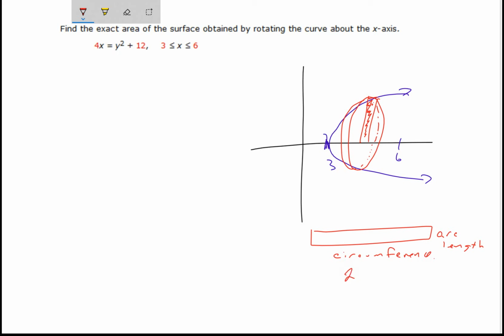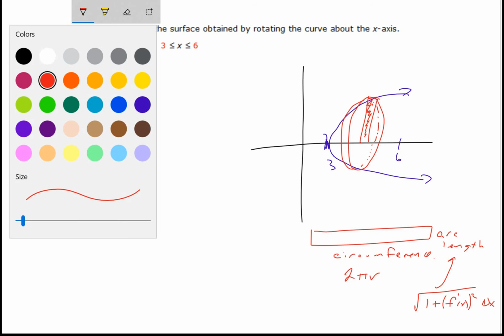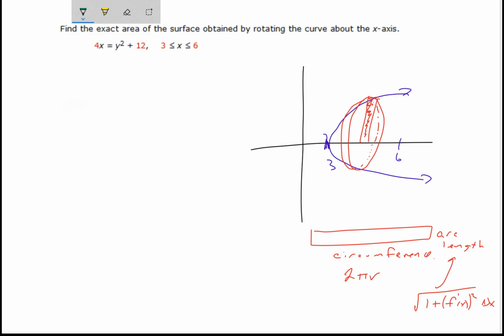Okay, so remember that's 2 pi r. And then the arc length, we already know the formula for that. Remember, the square root of 1 plus f prime of x squared, delta x. Okay, so I need to know the derivative, and just remember the radius of the circle is whatever the y-coordinate is here, because it's the height of that box and it ends there.